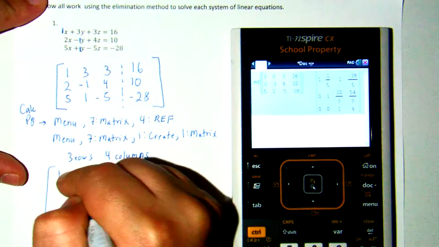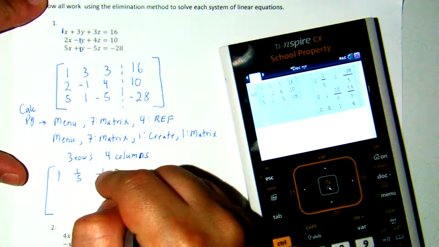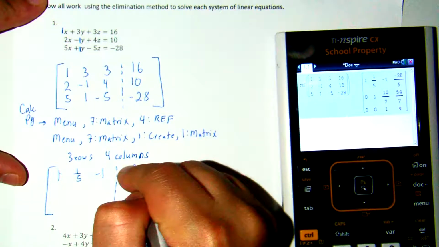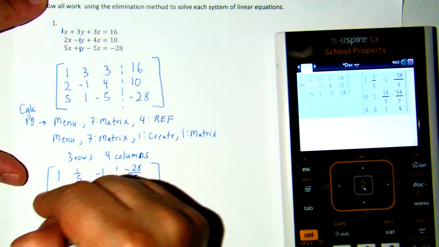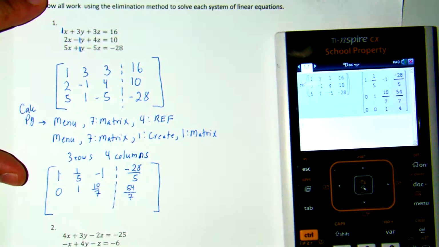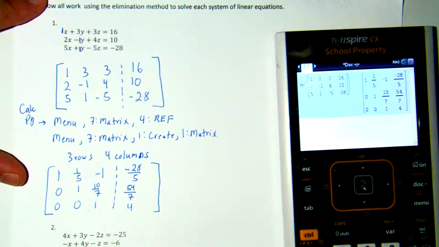So we get 1, 1/5, -1, our little dash line, -28 over 5, then 0, 1, 10 over 7, 54 over 7, and then 0, 0, 1, 4.